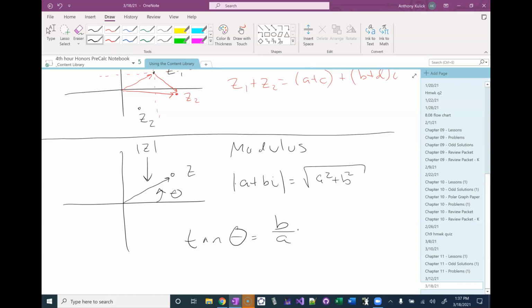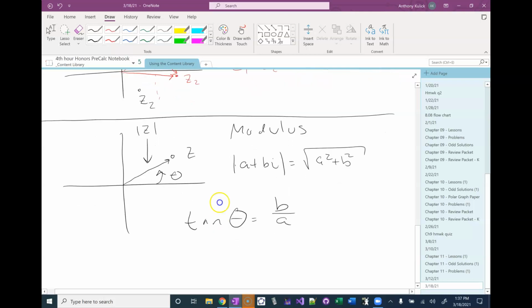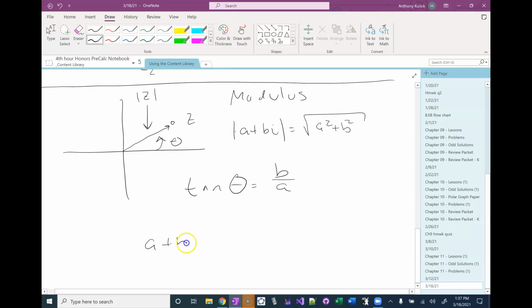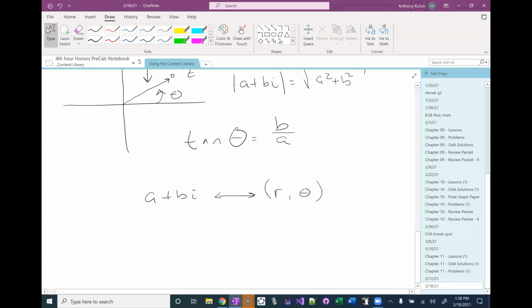So again, we could define a complex number equivalently by describing its magnitude and its direction, like we would in the polar coordinate system or like we did for vectors. This allows us to give an alternative definition, or a trigonometric form, for a complex number.